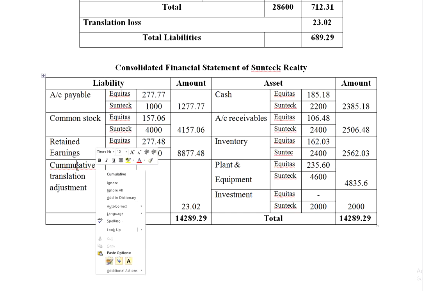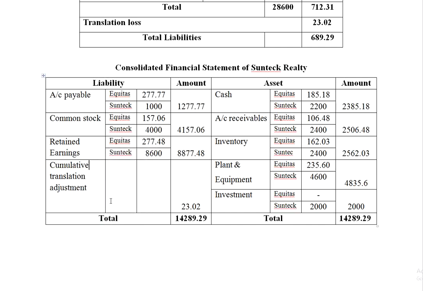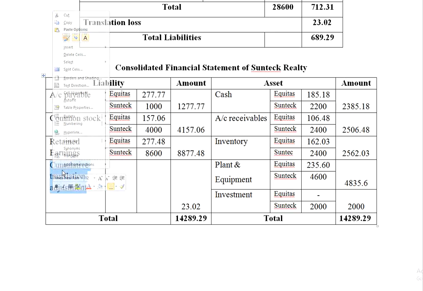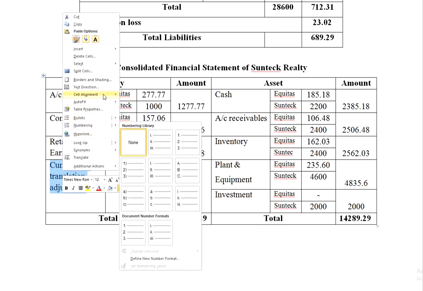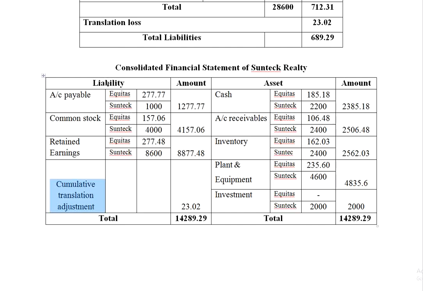So this is what you have to write. So this is the adjustment, additional amount which has come out after converting currencies, right? So which is given over here, and you have prepared a consolidated balance sheet of Sunteck Realty, which has been included with both Equitas Holding and Sunteck Realty. So this is the new thing for you, preparing of this consolidated balance sheet.